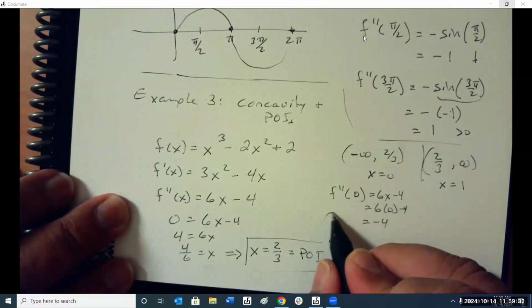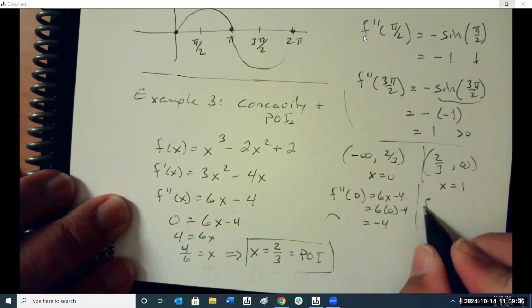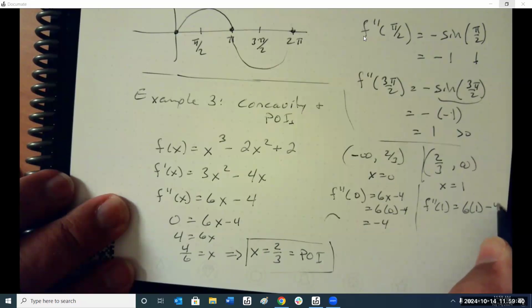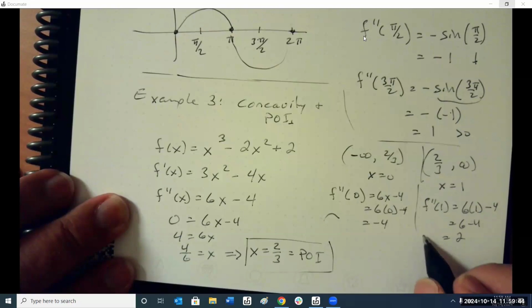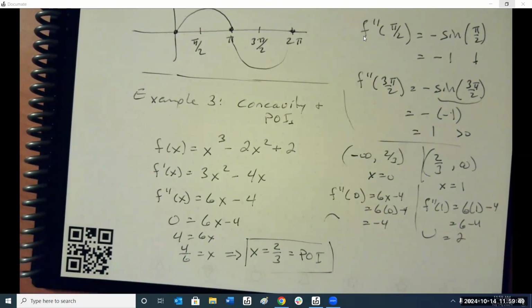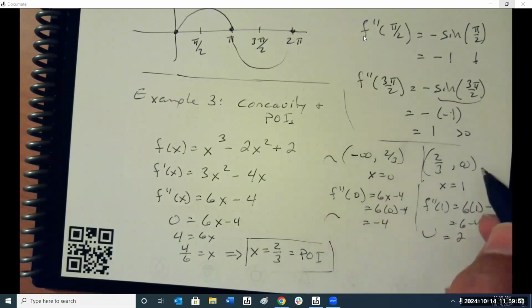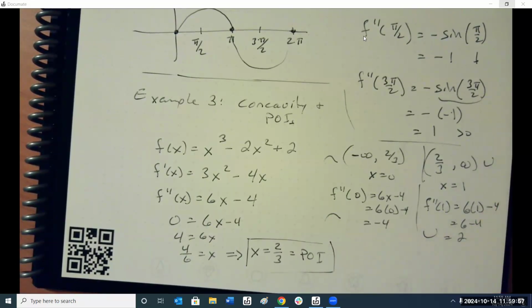So it's concave down. F double prime of 1 is 6 times 1 minus 4. 6 minus 4 is 2. So it's concave up. So from negative infinity to 2/3 it's concave down. From 2/3 to infinity is concave up.